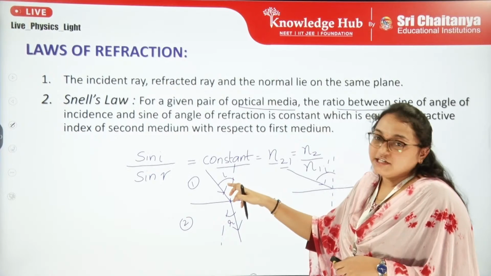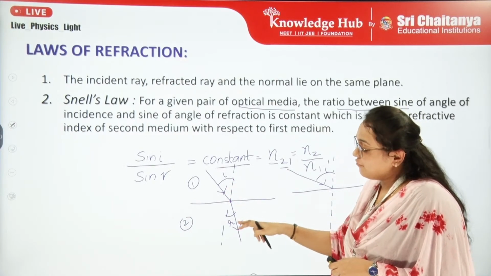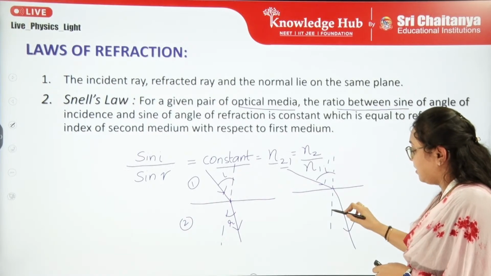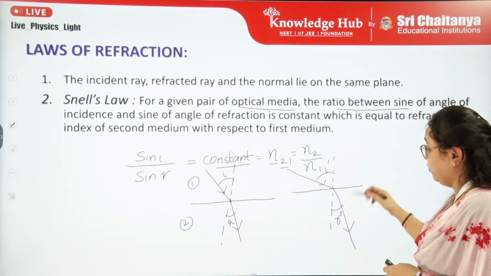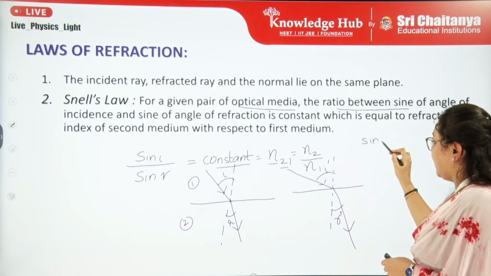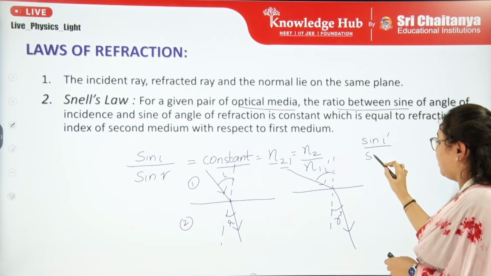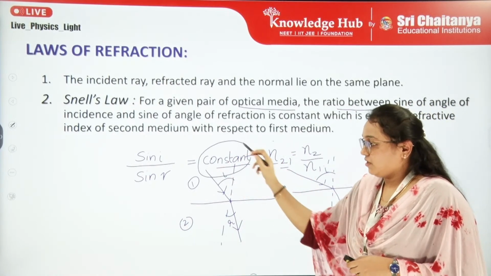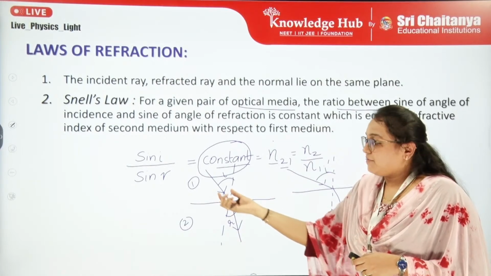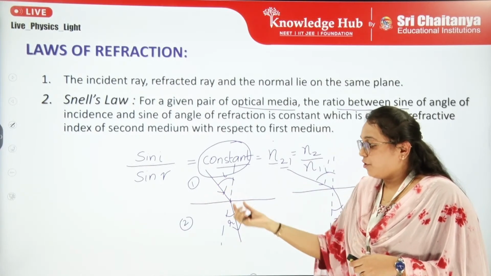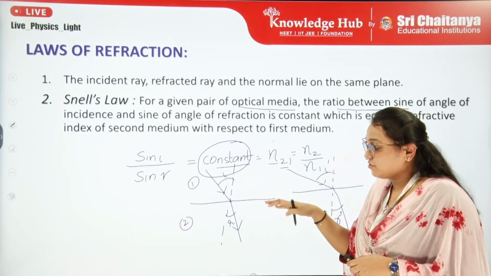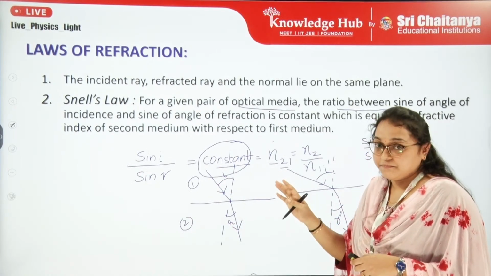So if I change the angle of incidence, then angle of refraction also changes in such a way that this value sine I dash by sine R dash still remains the same as this value. See, in the before case, whatever angle of incidence we have taken, corresponding angle of refraction if you take, and if you divide, you will get the refractive index of second medium with respect to first medium.